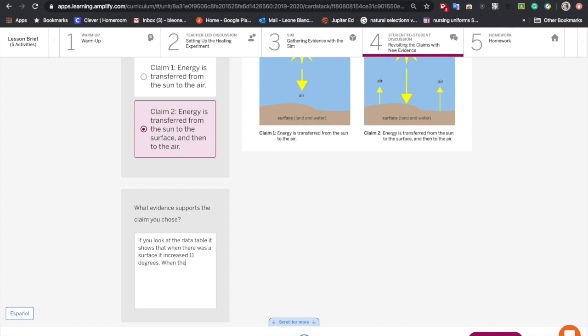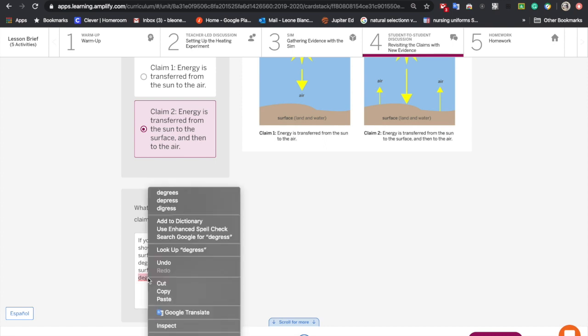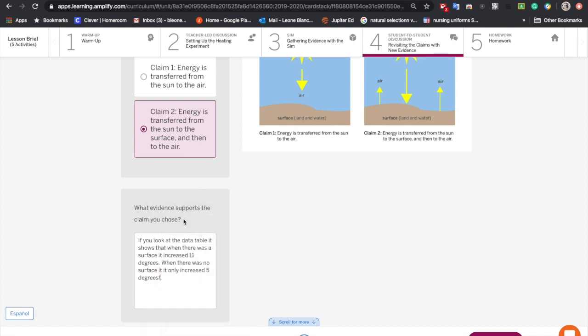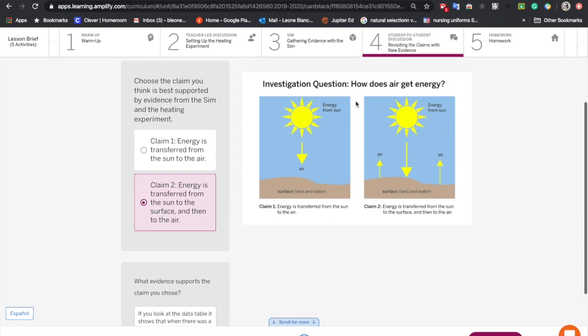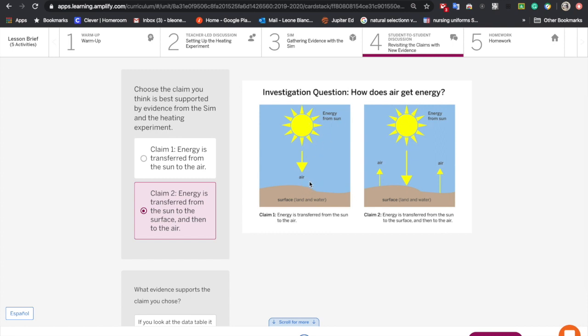When there was no surface, it only increased 5 degrees. So this will show you that when you have a surface, it actually takes in the heat and lets the heat go, whereas this doesn't actually follow that idea because it didn't increase as much as this one.